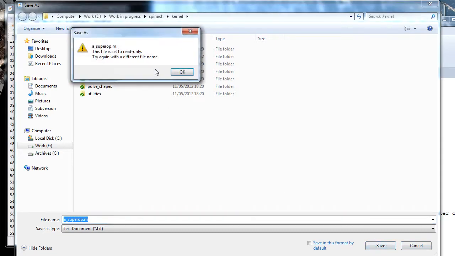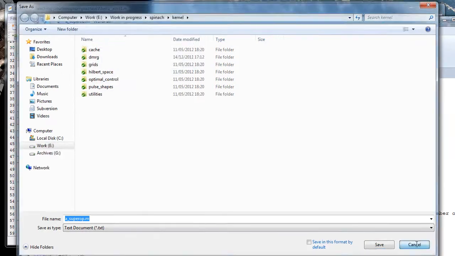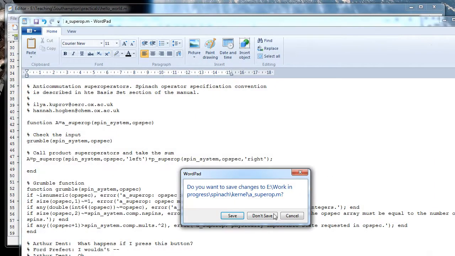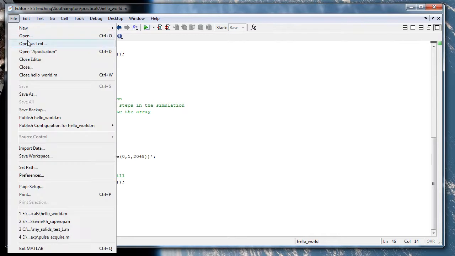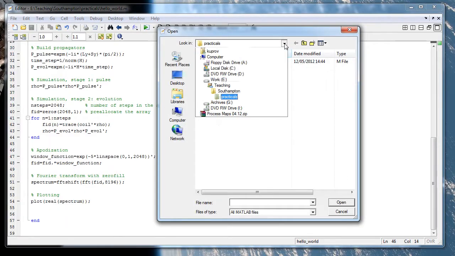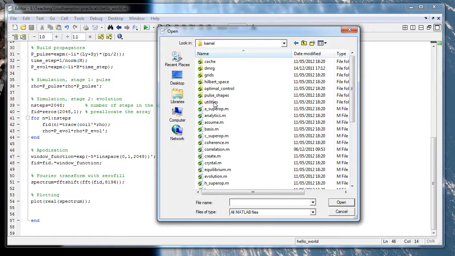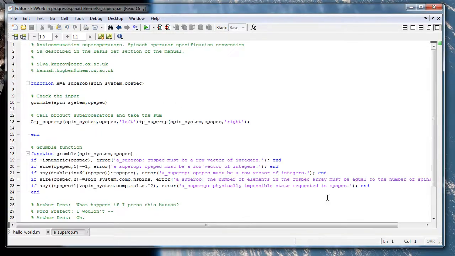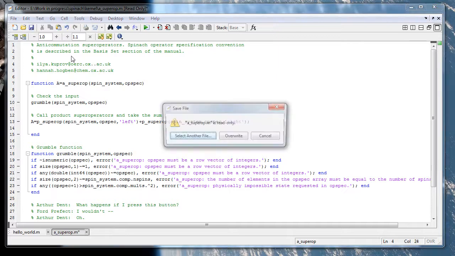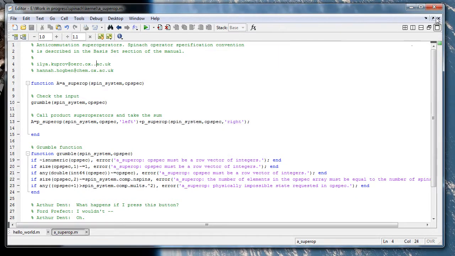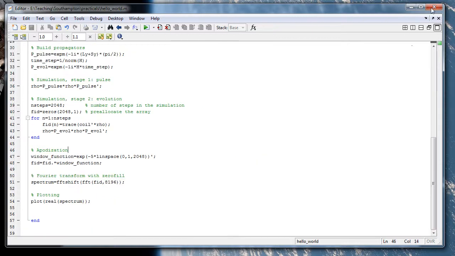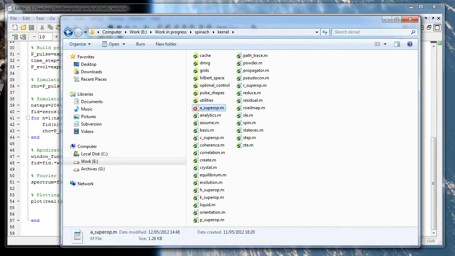So this one's read-only, so it's actually protected. Well, let's edit it in MATLAB. Let's go to this editor, open it, go to our Spinach directory, and edit some function in the kernel. So I'll remove the dot, put another dot in here, and save it. And completely forget about it, let's say. And then look at the thing.